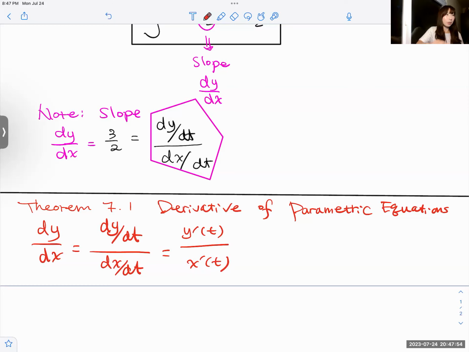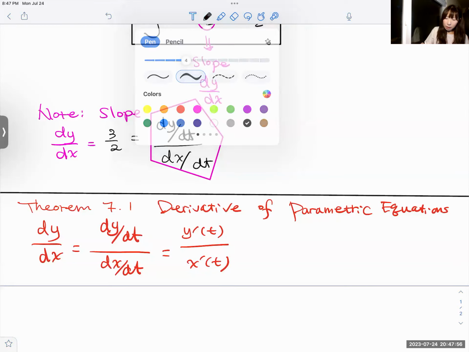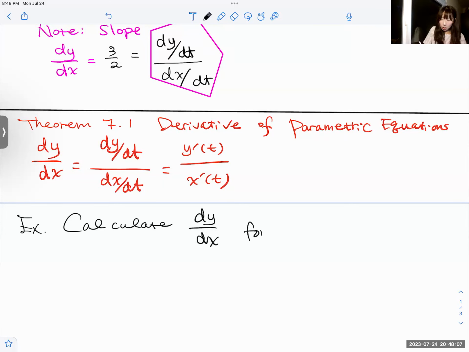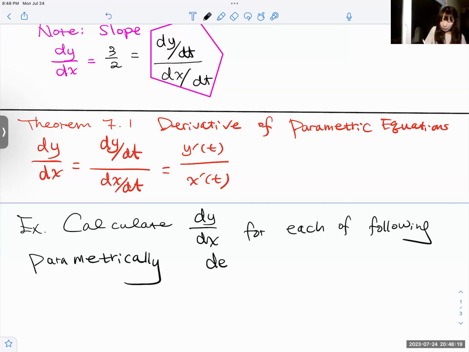Okay, so let us do this example. Calculate dy over dx for each of the following parametrically defined curves.